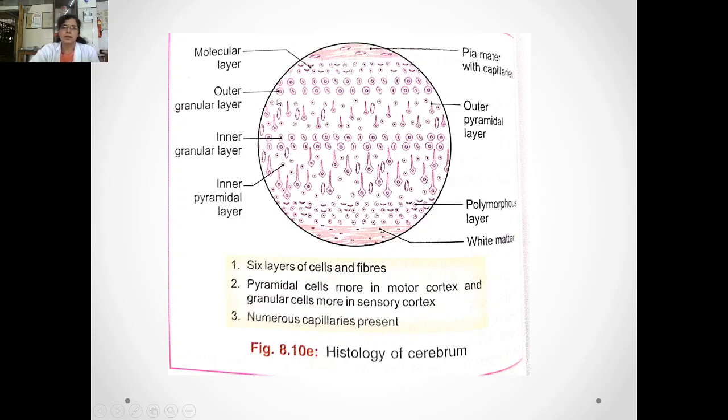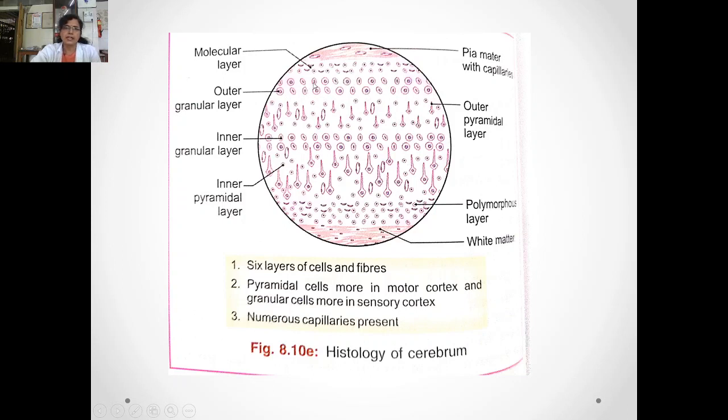In the case of sensory cortex, the granular layers are thick and the pyramidal cell layers are thin. That means granular cells are present in large amount and pyramidal cells in less amount. Opposite to this, in the motor area, the pyramidal cell layers are thicker and the granular cell layers are thin.